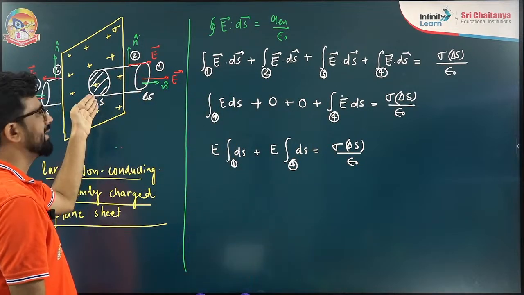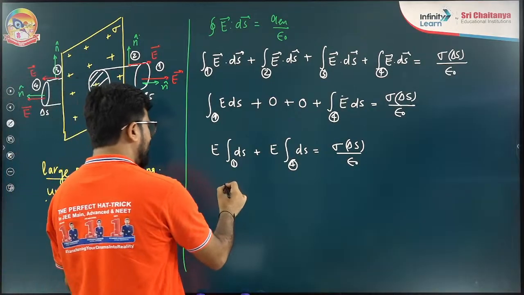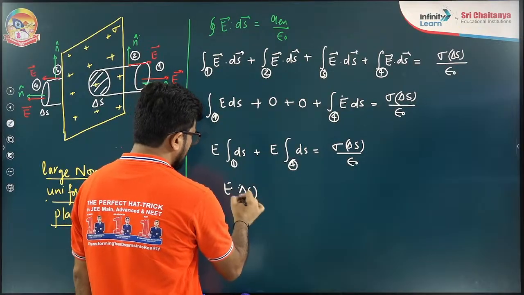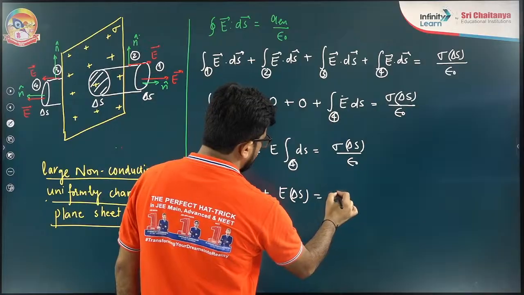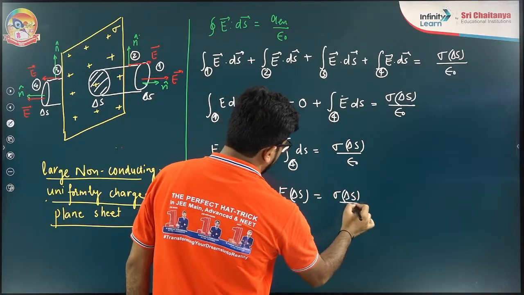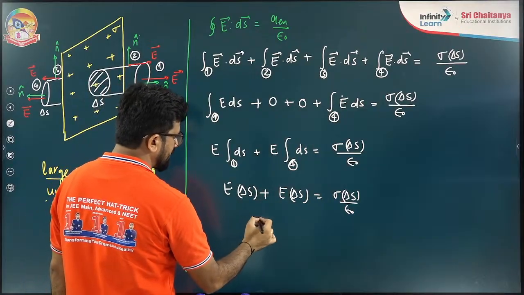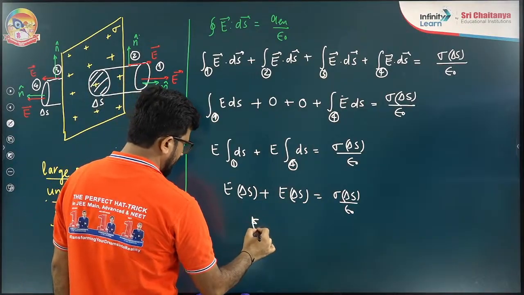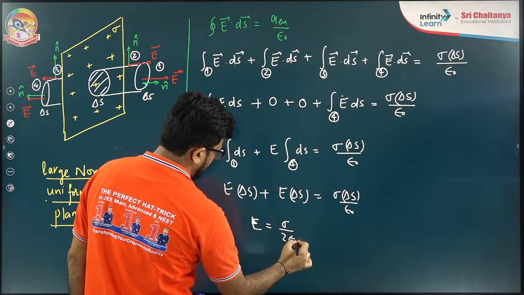The same area delta S. Surface 4 also, area is delta S. So you can say E into delta S plus E into delta S is equal to sigma into delta S by epsilon. Delta S can be taken common. This becomes 2E. That means E is equal to sigma by 2 epsilon.